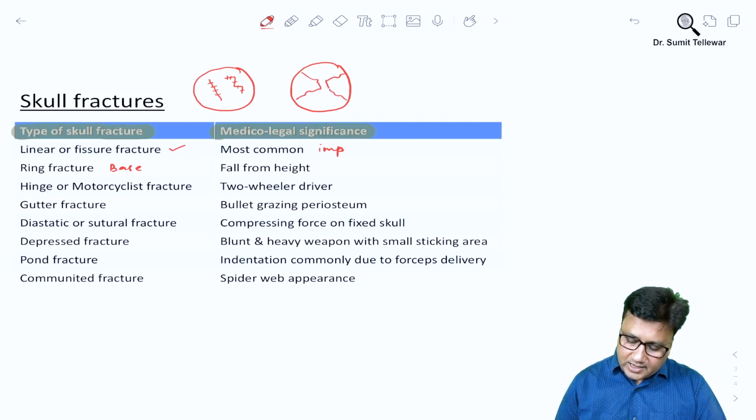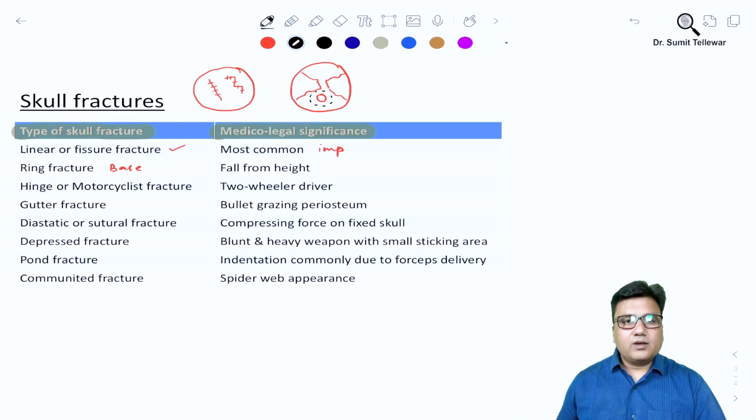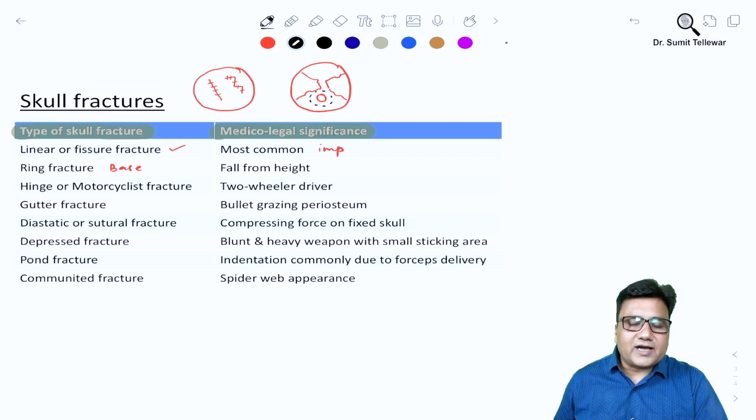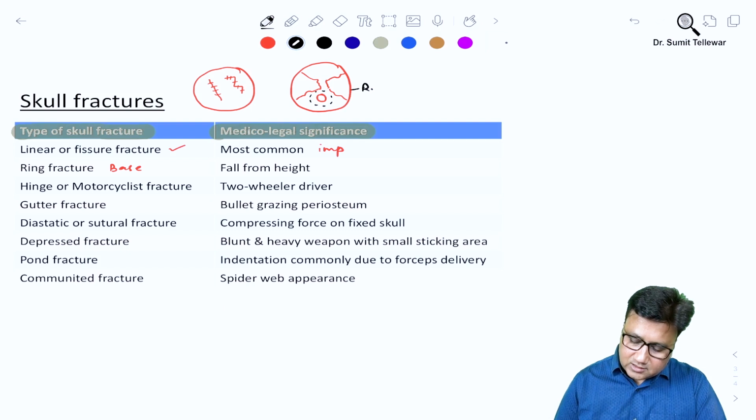Right, in the posterior cranial fossa we have the foramen magnum. If we have a fracture which is running like this all around the foramen magnum, like surrounding it like a ring, that's called a ring fracture.